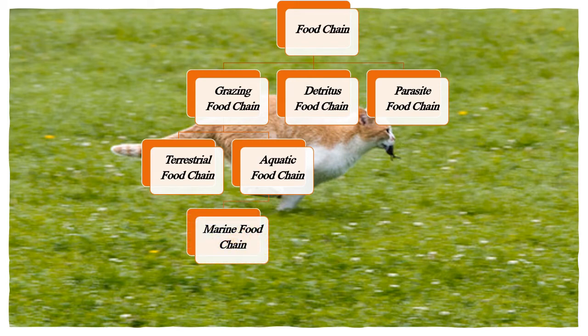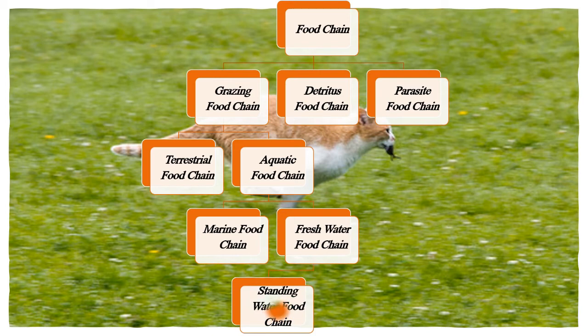In aquatic, there is marine food chain and freshwater food chain. This is the structure of different types of food chain that are available in an ecosystem. Now let us study the different types of food chain, starting with the grazing food chain.